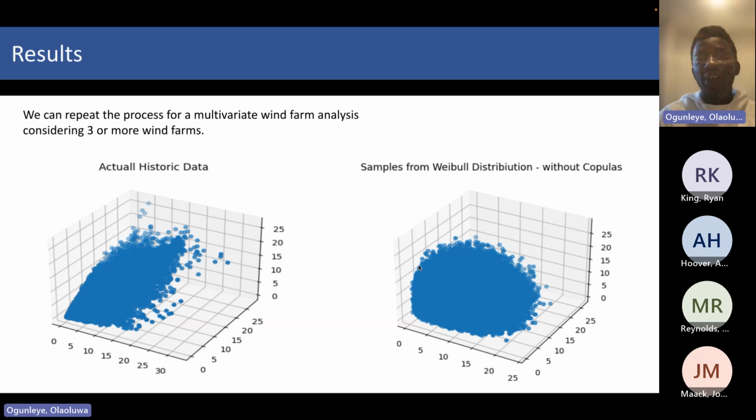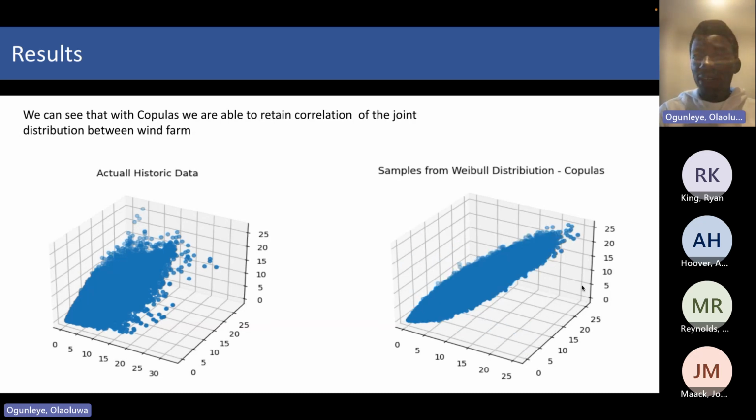Now, if I fit each wind farm independently and plot it here, you would see that on this graph we do not see the correlation structure which exists in the actual historic wind farm data. Whereas if we use the copula approach, the copula is able to predict closely the actual historic data patterns.